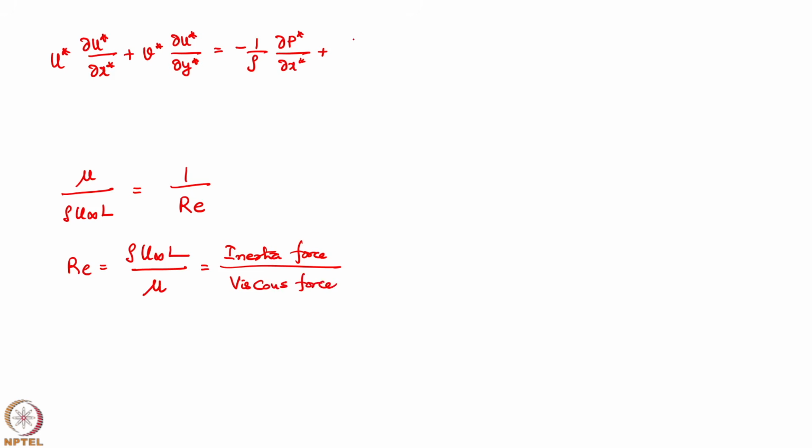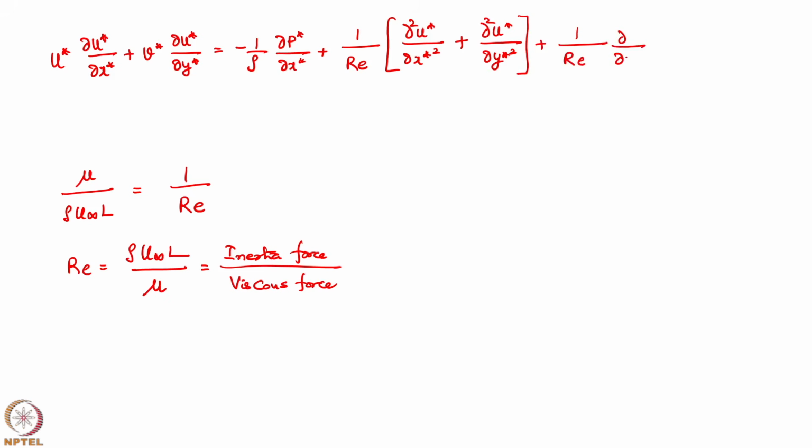So you get 1 by Re into dou squared u star divided by dou x star squared plus dou squared u star divided by dou y star squared plus 1 by Re into dou by dou x star into mu by 3 into dou u star divided by dou x star plus dou v star divided by dou y star.